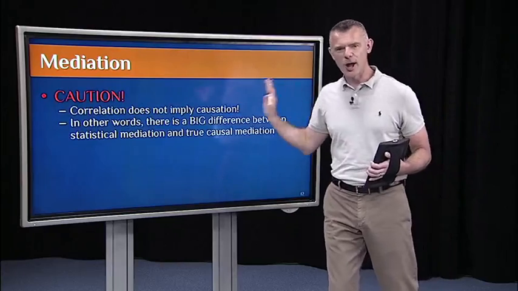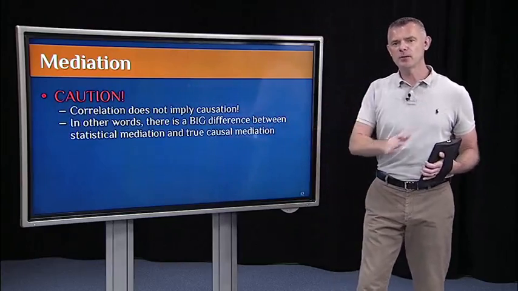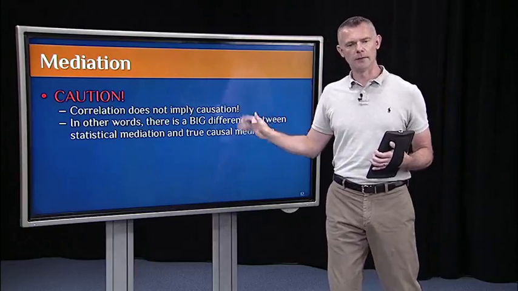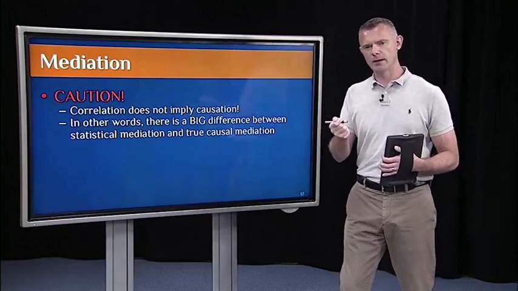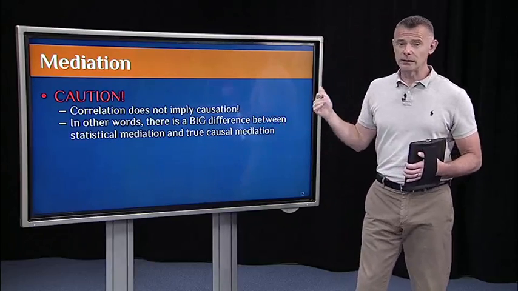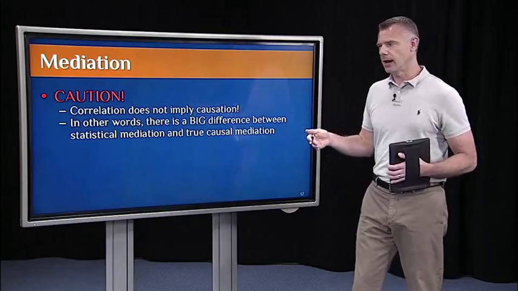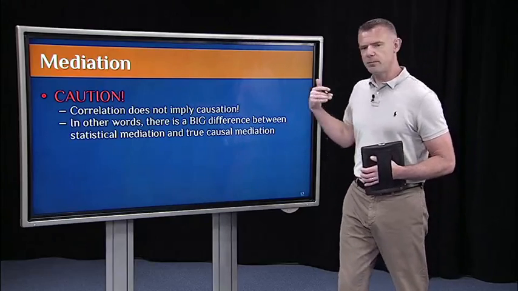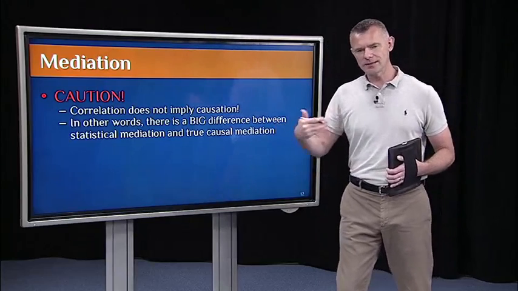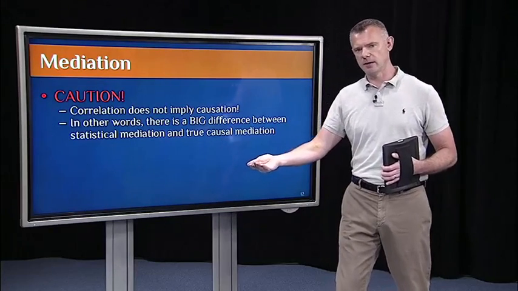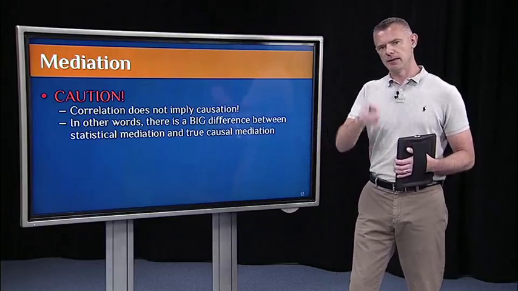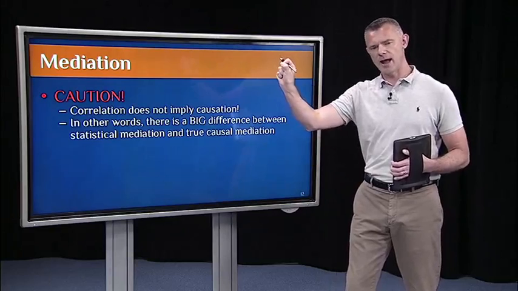Just again, a final caution: if you're dealing with purely correlational data, in the example I'm showing you, we're not, right? We're doing a real experiment. We're manipulating stereotype threat. Mediation is used a lot, particularly in psychology, with purely correlational data, and people start to slip and think that they're getting stronger claims about causality simply because they've developed a sort of chain reaction of events.